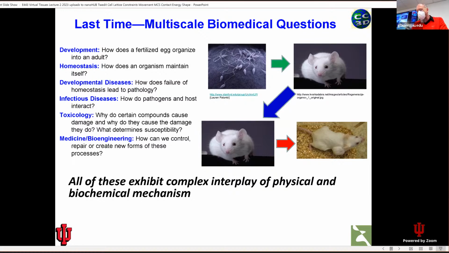And we have to understand both the biophysics of what cells are doing and also how they're controlled, which is mainly biochemical.